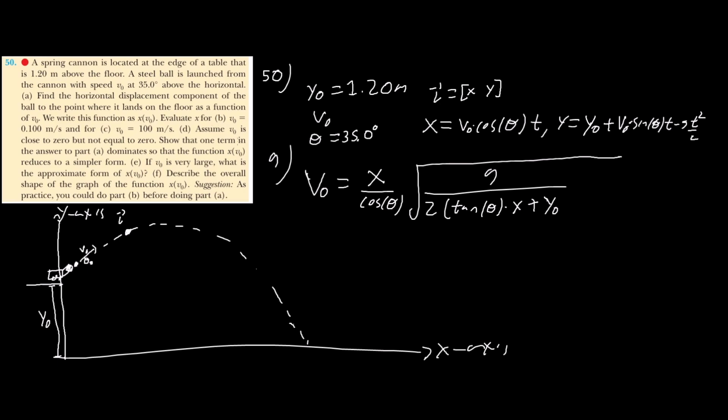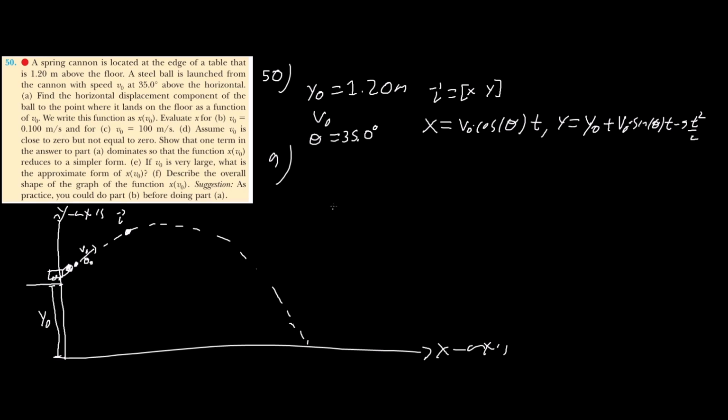So now we're going to just evaluate for part B what this V naught is. Oh my God, I actually messed up. I think I was looking at my wrong notes here. Oh, that's embarrassing.